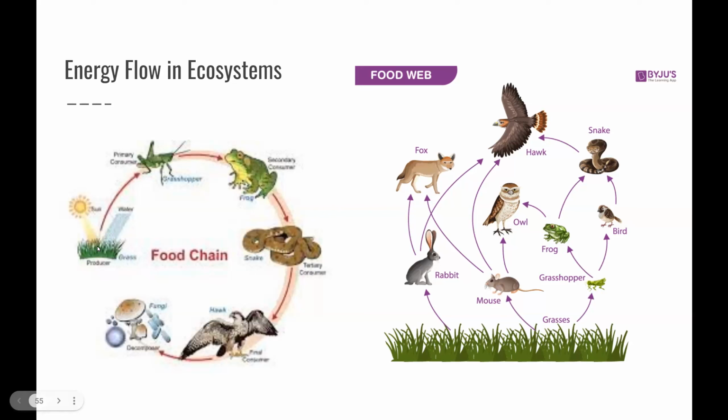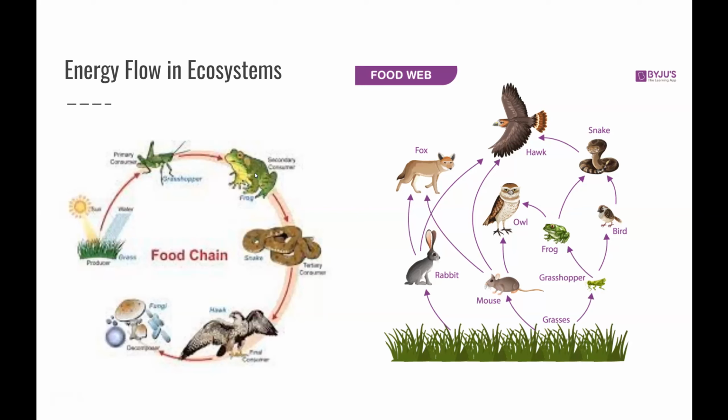So the energy flows from the producers, or initially from the sun to the producers, and then through various levels of consumers. So you have your primary consumers, which eat only plants. They're called herbivores. And then you've got your secondary consumers, which eat the herbivores.